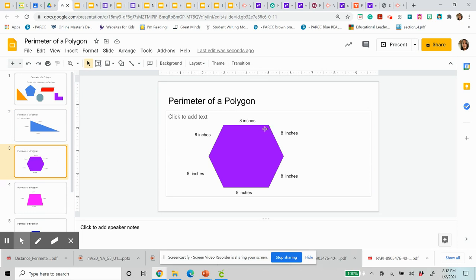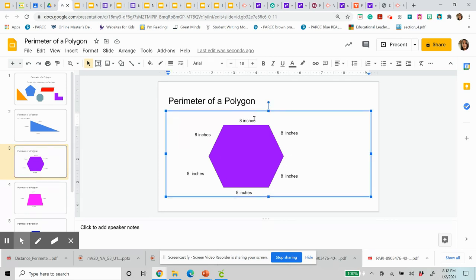All right, let's look at this one. This is a 6-sided shape. So we talked about the shape, right? It's a hexagon. And we have to add up all the sides. So 8 plus 8 plus 8 plus 8 plus 8 plus 8.